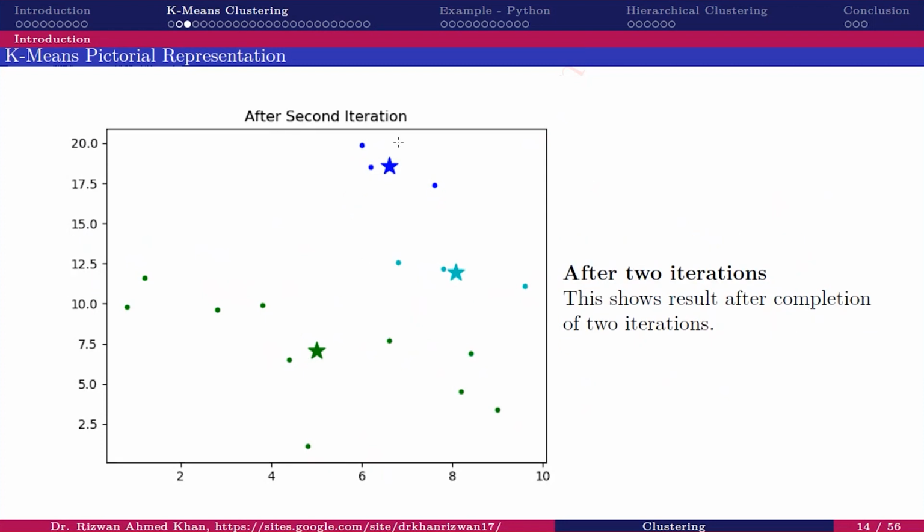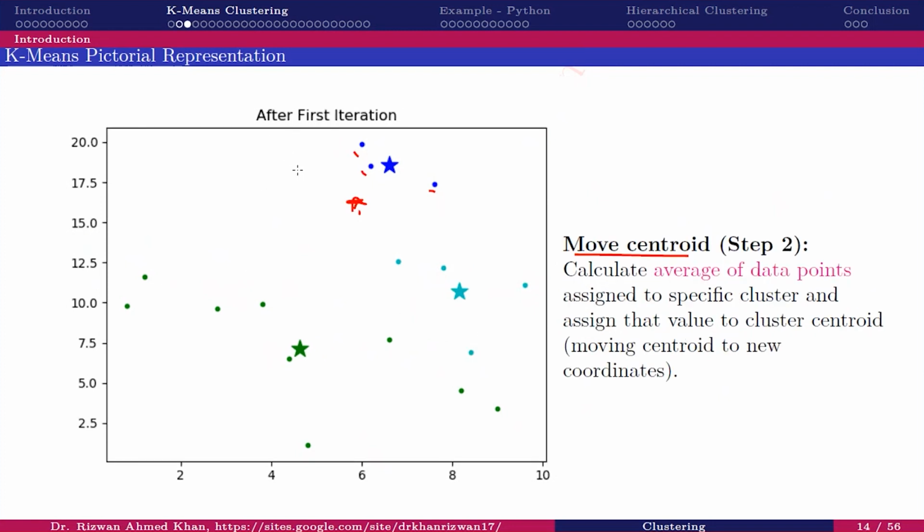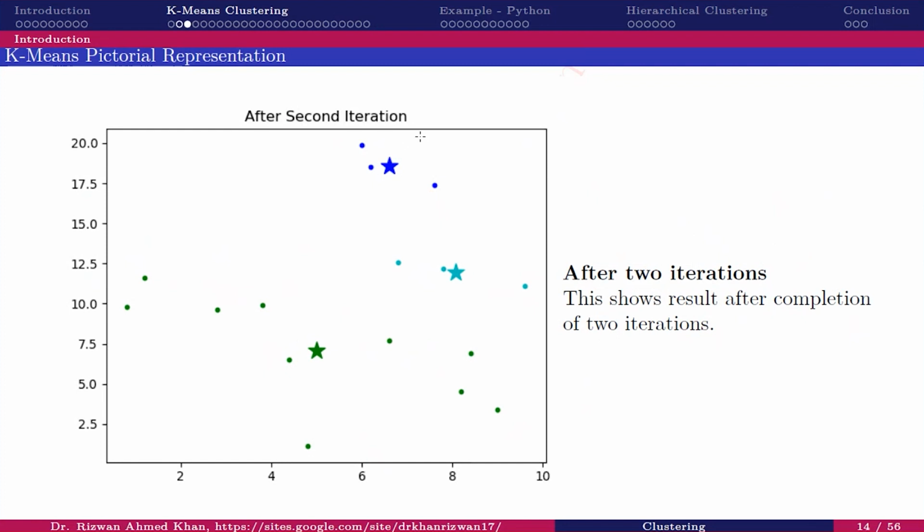So after two iterations, this is how the algorithm has emerged. Up till here was the first iteration, and here the second iteration includes the cluster assignment and move centroid steps. And now the algorithm has converged, because for the third iteration nothing has changed. So if cluster centroids are not moving, it means the algorithm has converged, and the algorithm will stop.